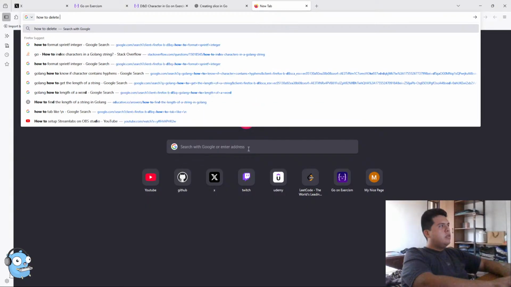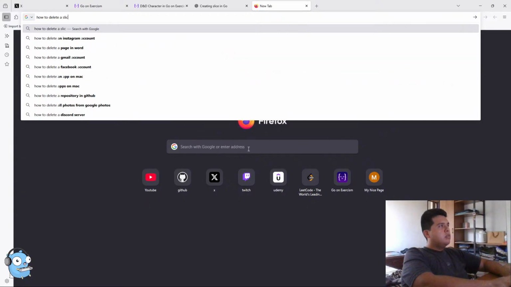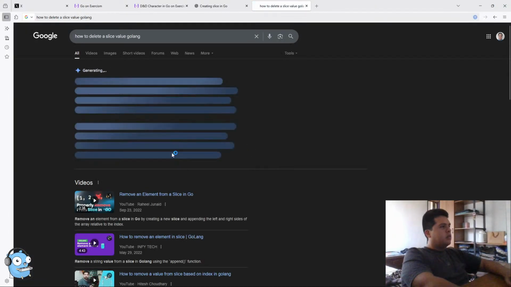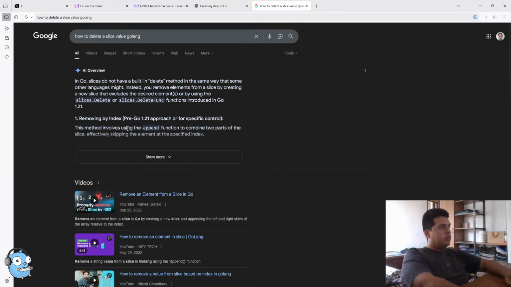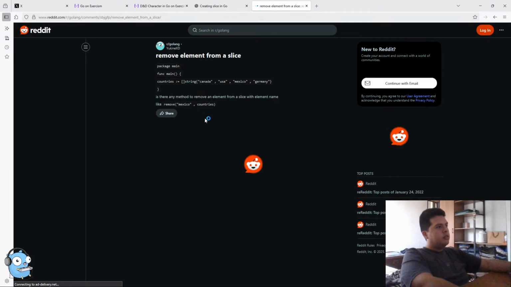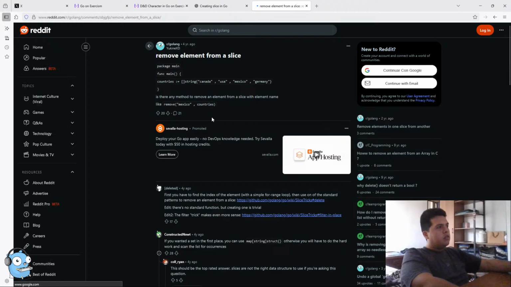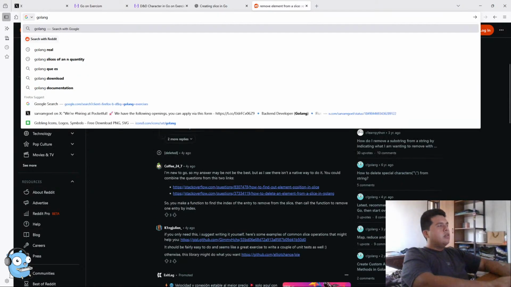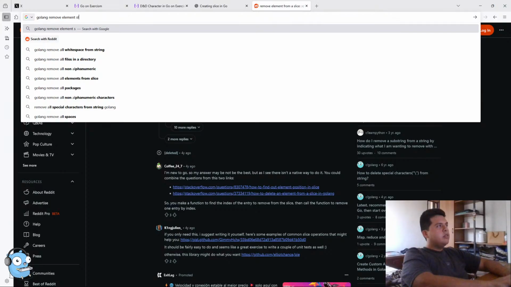How to remove an element from a slice. Golang, remove element from slice by index.